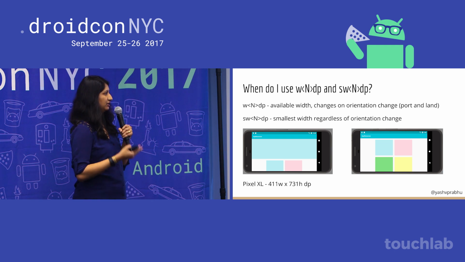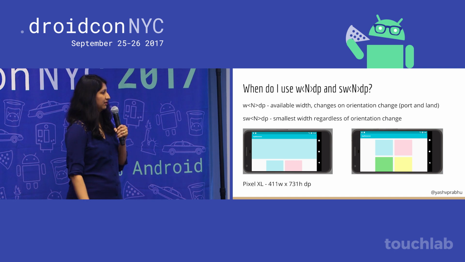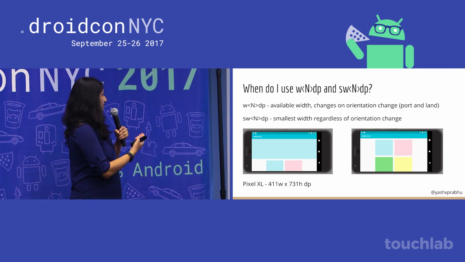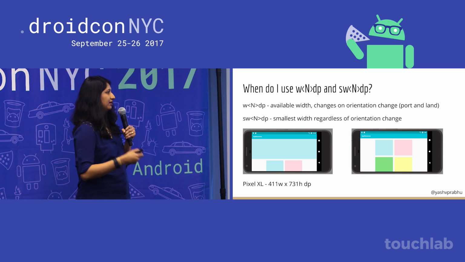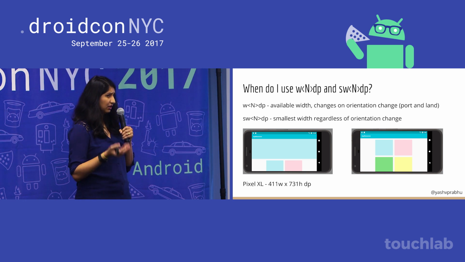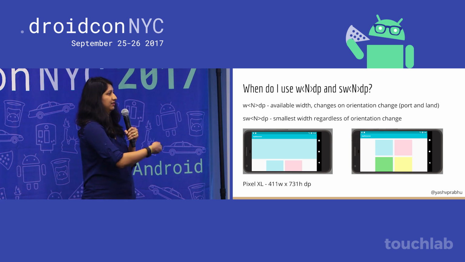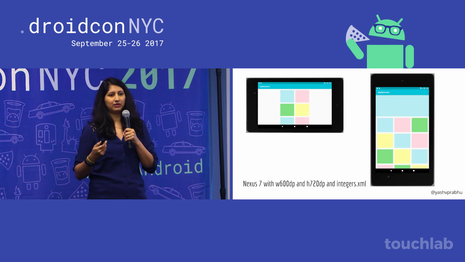If you didn't want it to change, you just set it to smallest width 600 dp. So in this case, the Pixel XL has a width of 411. That's when it's in portrait mode, but when you rotate it, it's 731, and that width 731 is greater than 600 dp, so it picks the first layout here. Now, you could do the same thing with Nexus 7.